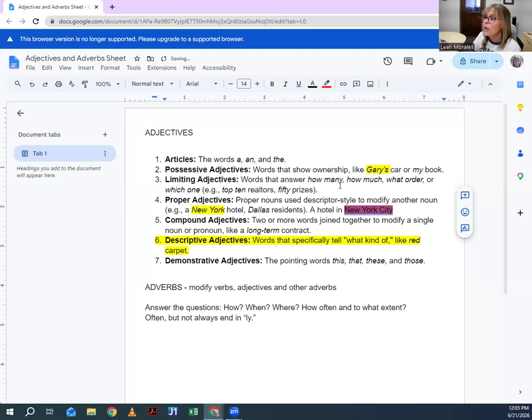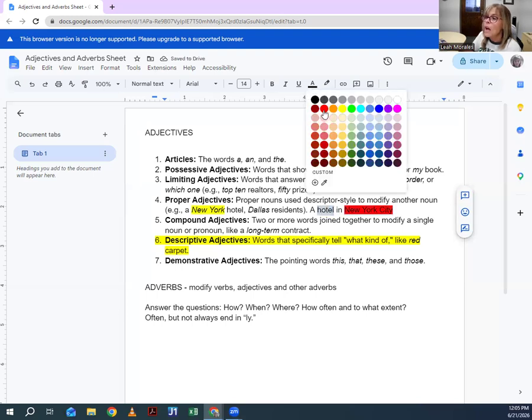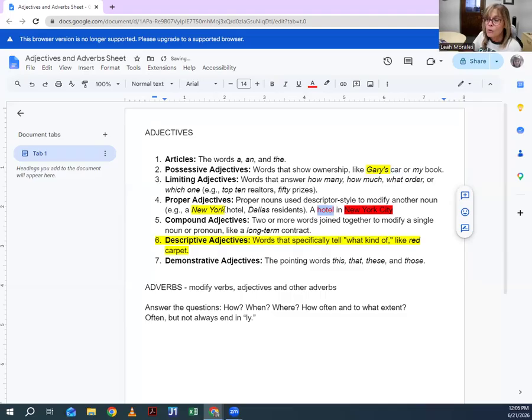But it's not written that way. It says a New York hotel. So in this sentence, New York is functioning as an adjective, though it is a word you might not necessarily think of as an adjective. Again, this lesson is really bringing home how you have to consider how the word is being used before you determine its part of speech.